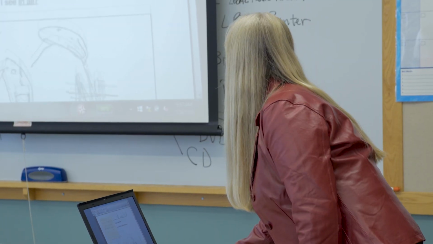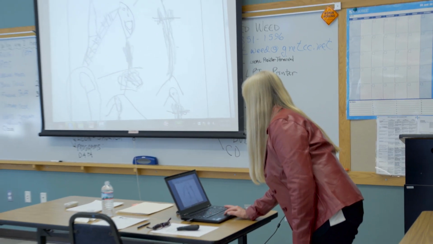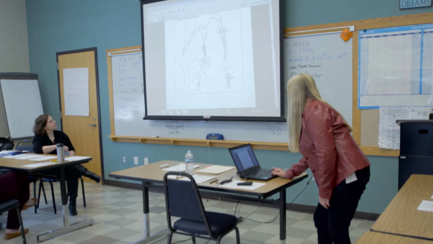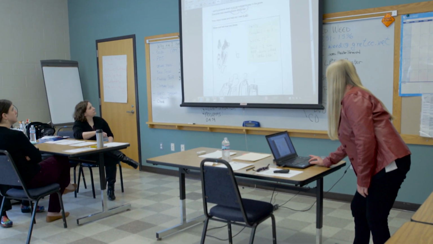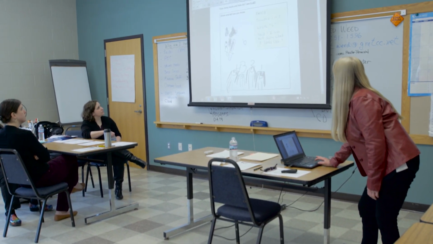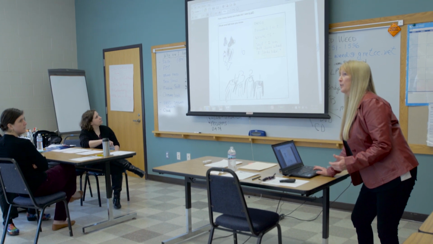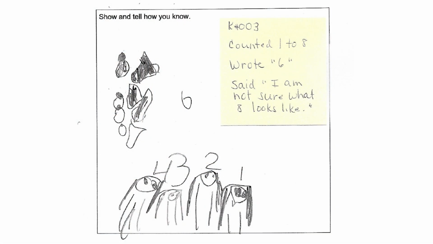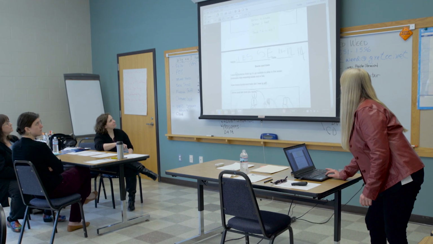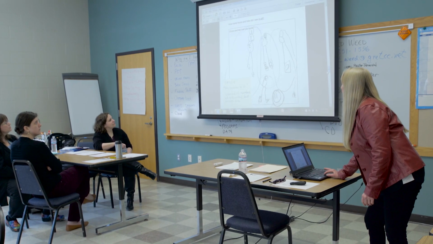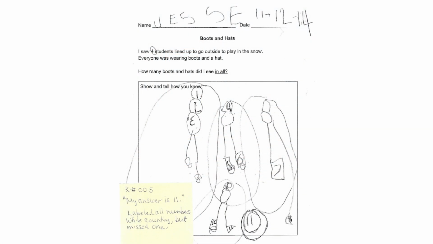I'd love to hear some of your other comments about decisions you made. I know there was one where a student was able to count to 8 but says, I don't know what an 8 looks like, so I wrote a 6. Seemed like a good strategy at the time, right? Just write any number. And another one where a student had a strategy but missed one in the counting, where another student did something similar and got them all.